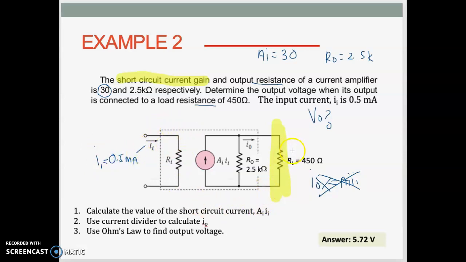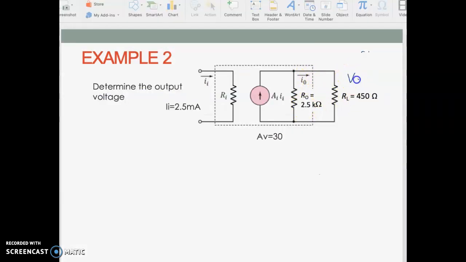First, in order to find the value of Vout, you need to find the value of Iout first. How are you going to find Iout? You need to use the current divider. But first you need to know Ai, which is 30. The value of Iin is given here, 0.5 milliampere. To know Vout, you need to find Iout, the current across RL.